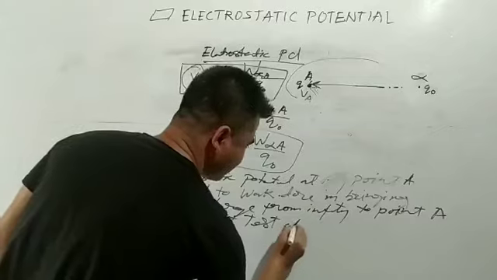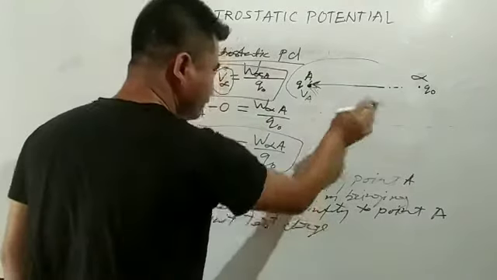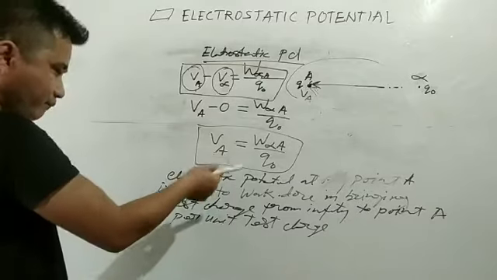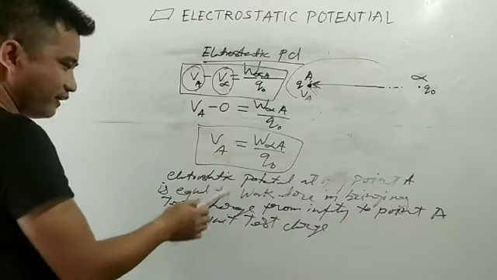This will be the definition of electrostatic potential at point A.